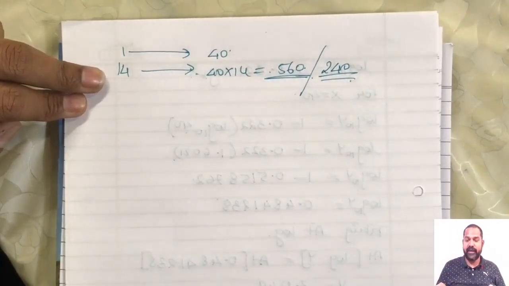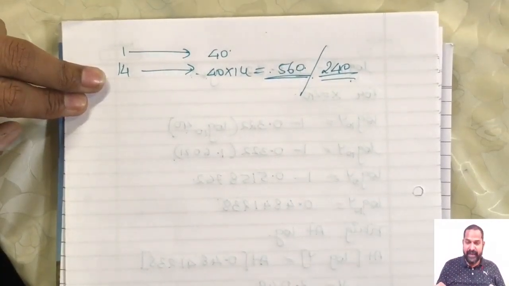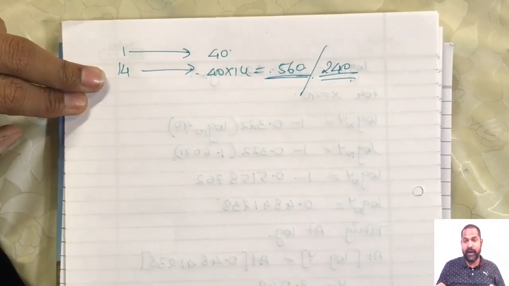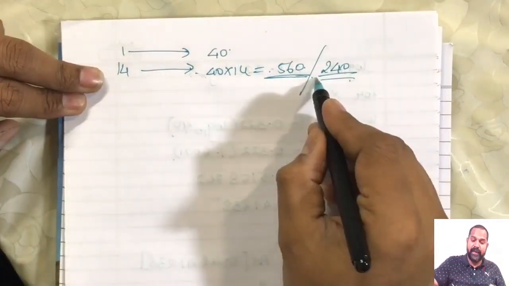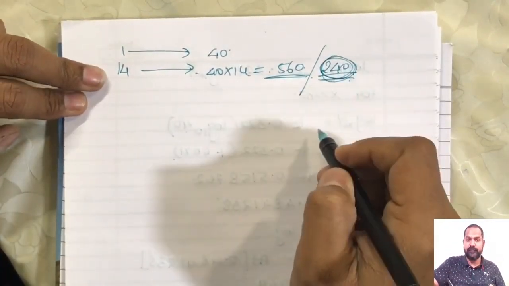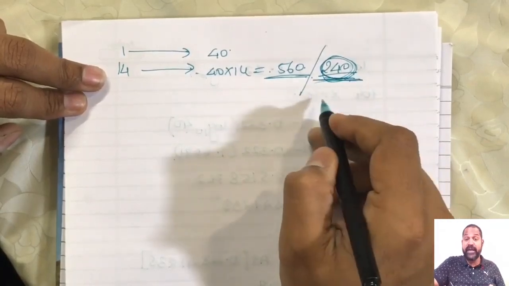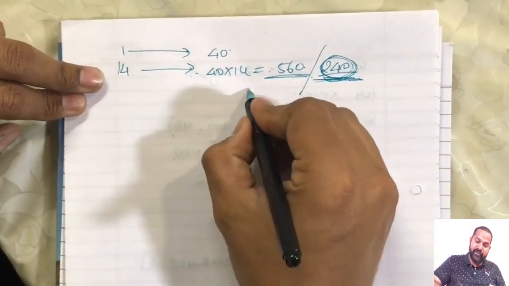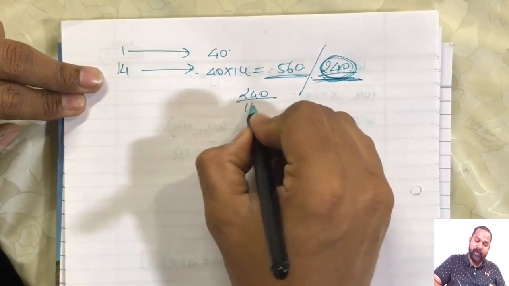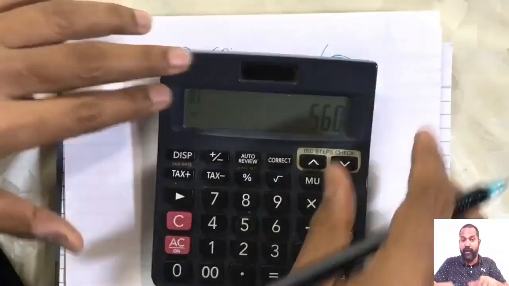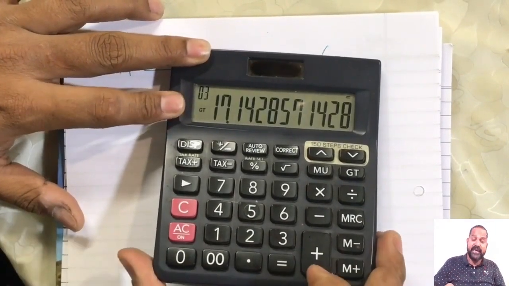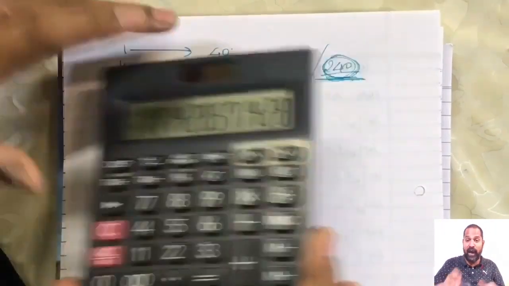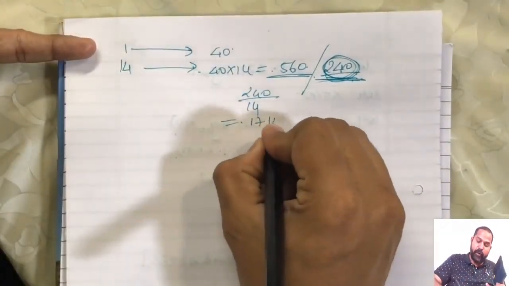Then can I say learning curve is being applied, or learning is being followed, because of which the time taken to do the work is reduced. 240 total, so the average will be 240 by 14. What is 240 by 14? 240 divided by 14 is 17.14 hours.